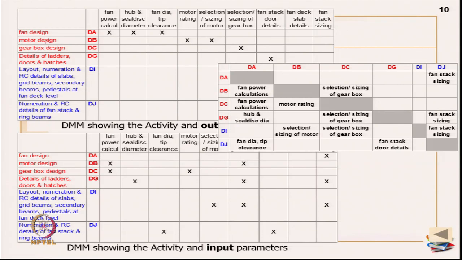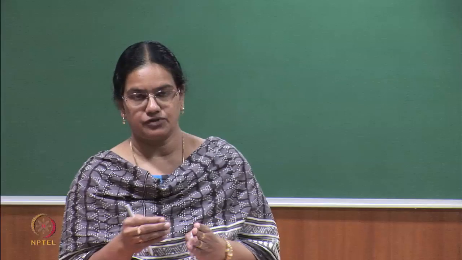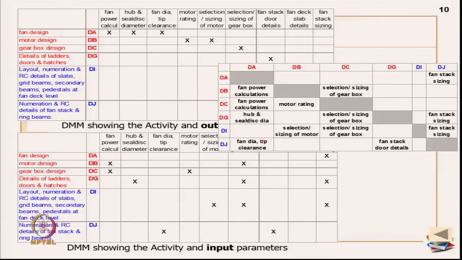Same way, fan design also releases fan diameter and tip clearance, which is required for activity DJ, the enumeration and RC details of fan stack and ring beams. So, DA to DJ, primarily the fan diameter and tip clearance is the input which is traveling from one activity to the other. Same way, we can travel through the entire activity DSM.